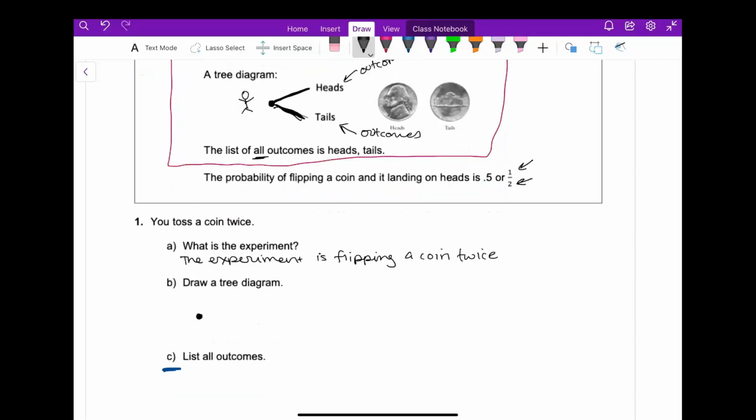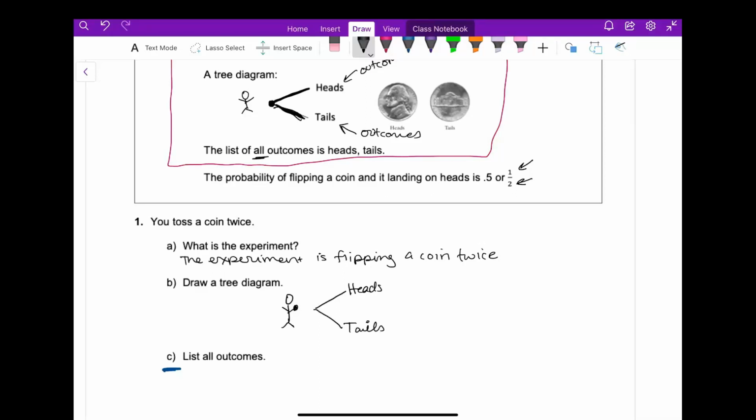The starting point is just where I'm going to start branching out. If you don't have a starting point and you just start drawing branches, that's okay as well, okay? I tend to think of myself, here's me, and here's my little coin in my hand, right? And we're going to toss it. And so when I toss it, what's the first thing that can happen? I can get heads, or I can get tails.